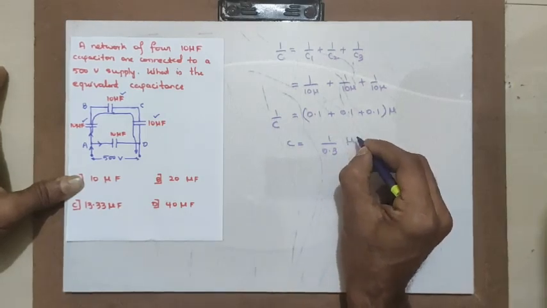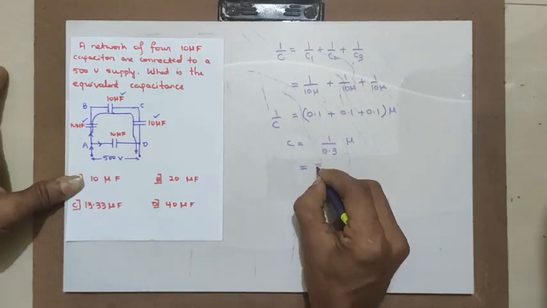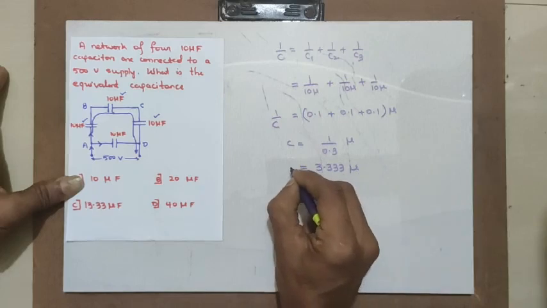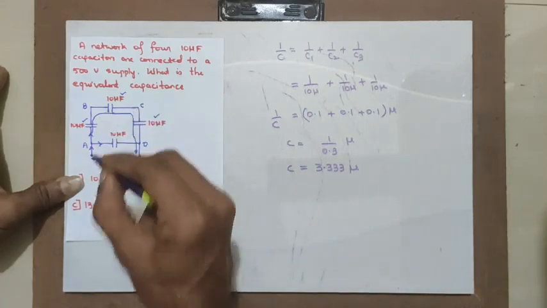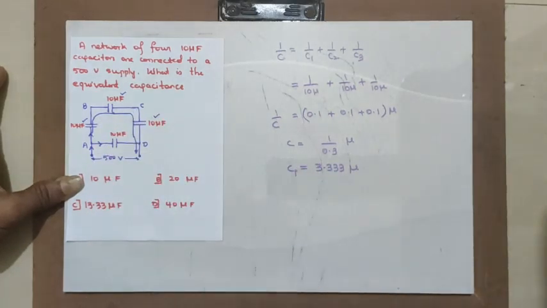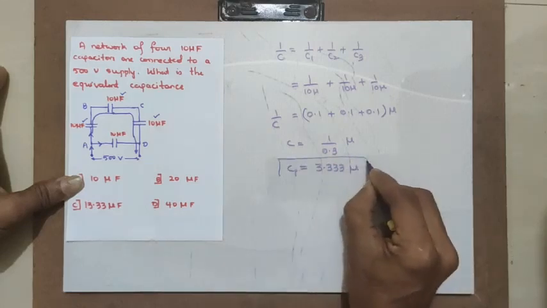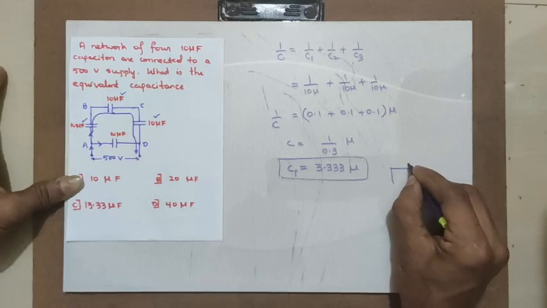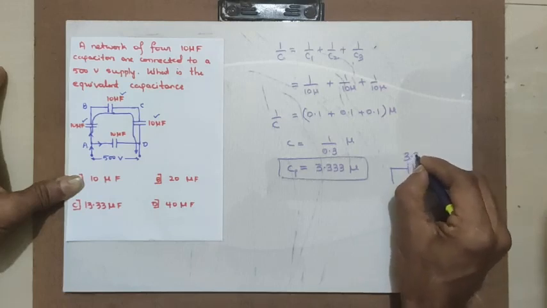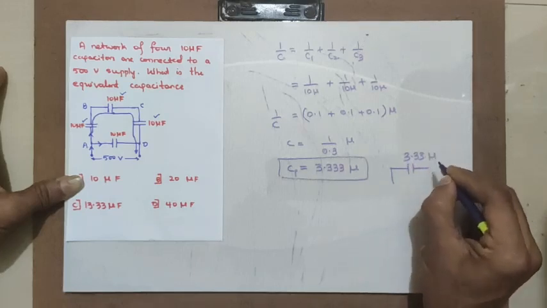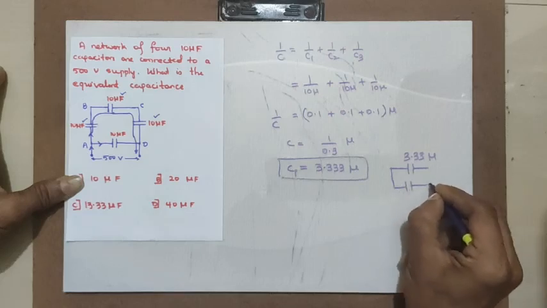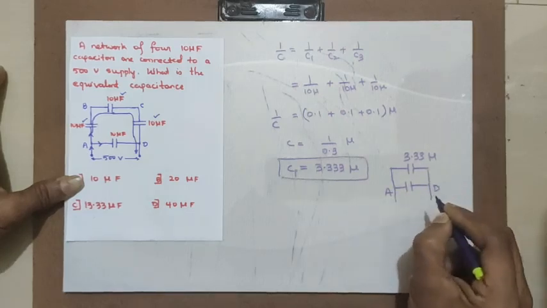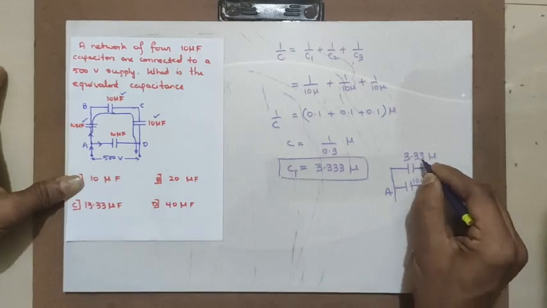Hence it is 3.333 microfarad, which is in parallel. I shall call it CP. Now this 3.33 micro capacitor is in parallel with 10 micro, between A and D. This is 10 micro, this is 3.3.